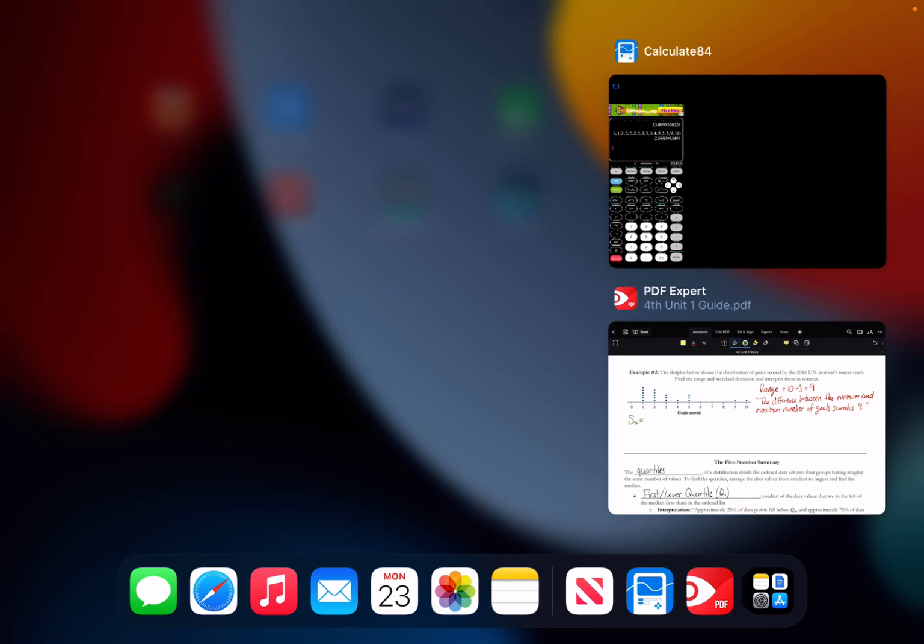I have 4 once. 5 3 times. 9 once. And then 10 once. And then go ahead, close my parentheses and enter that. So I get a standard deviation of about 2.58.